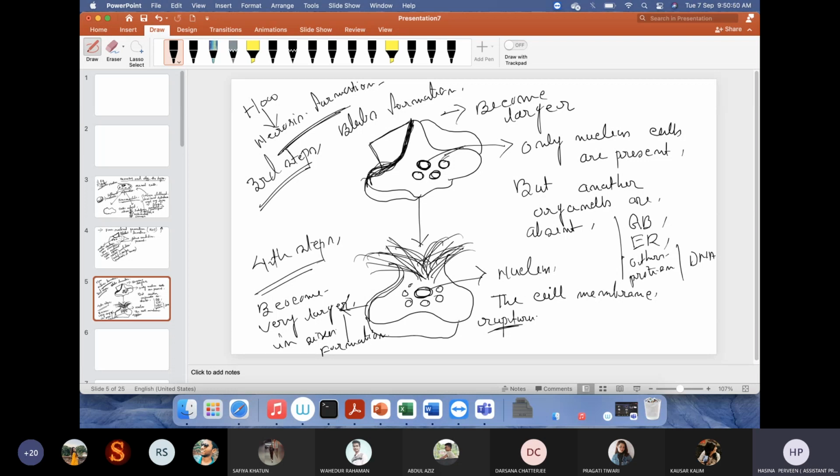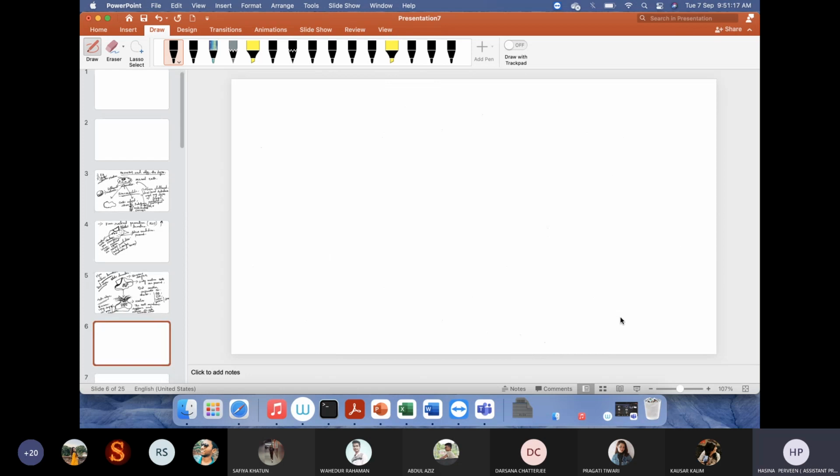So the cell membranes also rupture and release the cell's contents, and the organelles are not functional. Okay, the cell membrane ruptures and releases the cell organelles and content, and these are not functional.